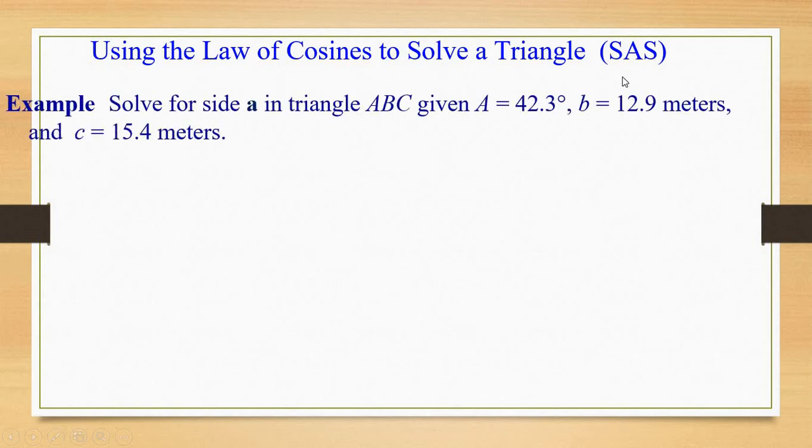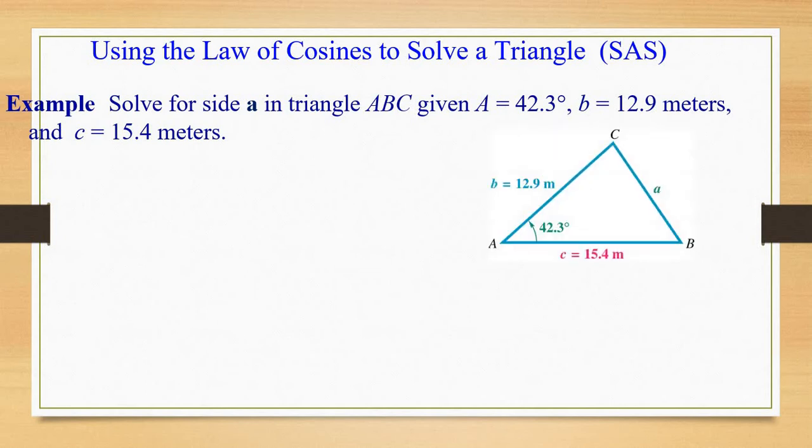Example: solve for side A in triangle ABC given angle A is equal to 42.3 degrees, B is 12.9 meters, and C is equal to 15.4 meters. The first thing that we're going to do again is to identify the sides of the triangle, label the sides of the triangle correctly. If you look at this, we have A here.